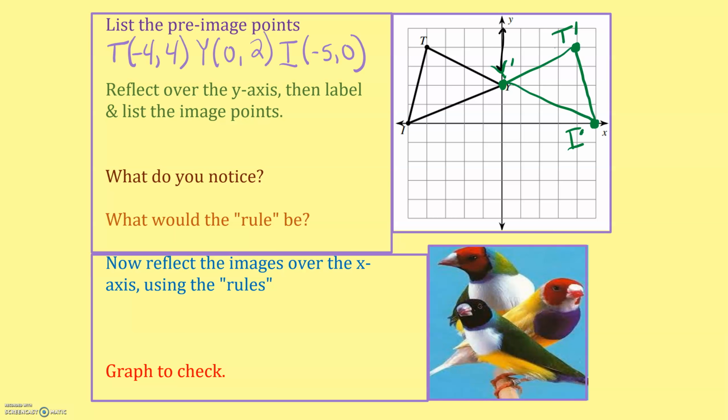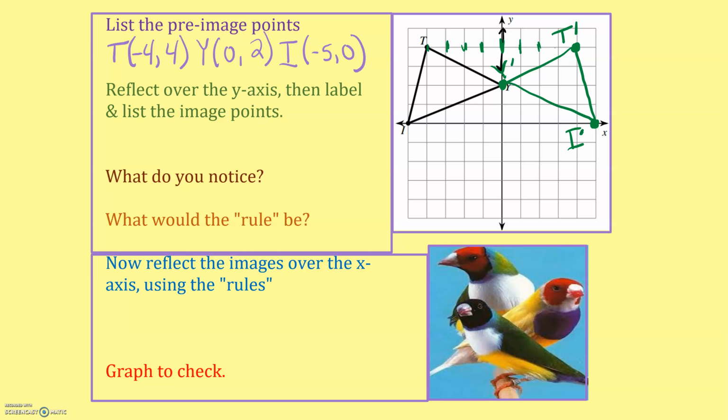Well, if I'm going to reflect it over the y-axis, that means I'm going to fold it right along the y. The easiest way for me to do this is to count how far away from that y-axis my t is. So I have 1, 2, 3, 4. Because I know that t is 4 places away, I'm going to now count 4 places over to the right, because that's going to give me the correct reflection.